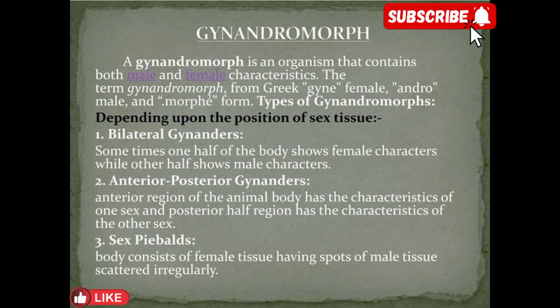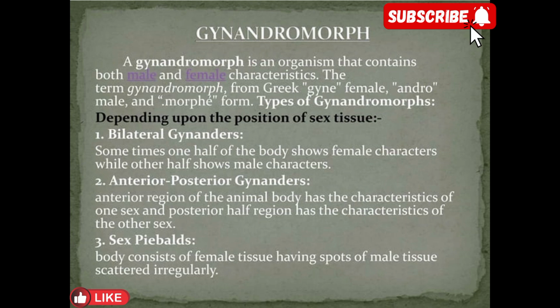A gynandromorph is an organism that contains both male and female characters. The term gynandromorph comes from the Greek words gyne meaning female, andro meaning male, and morph meaning form. Individuals having both male and female characteristics are known as gynandromorphs. Depending upon the position of sex tissue, there are the following types. Bilateral gynanders: one half of the body shows female characters while the other half shows male characters.